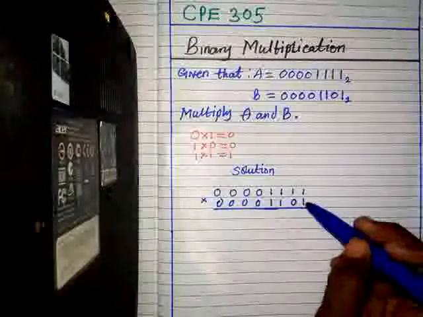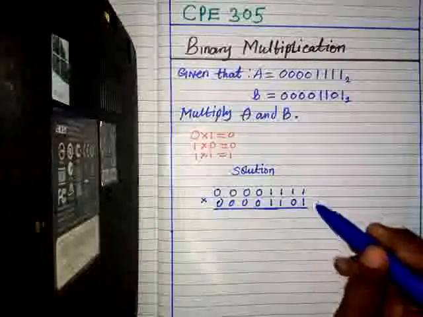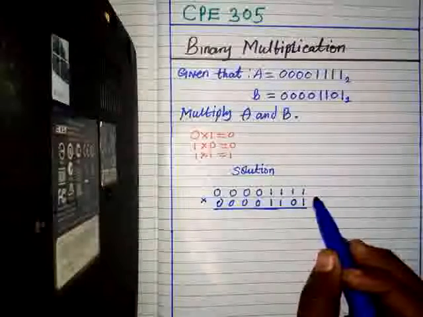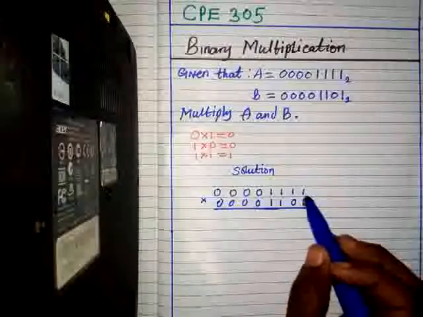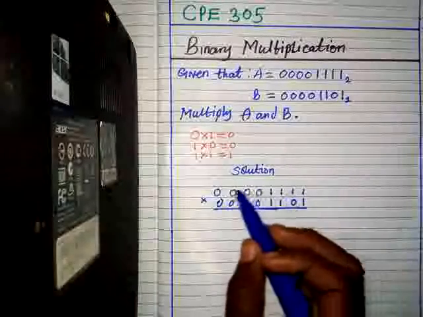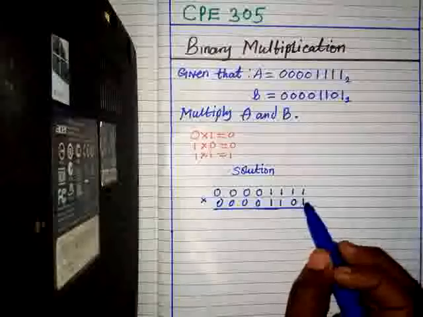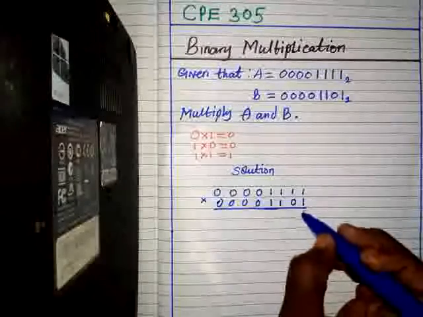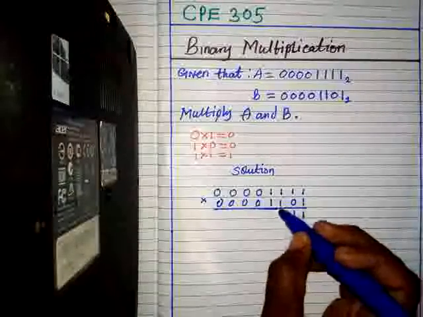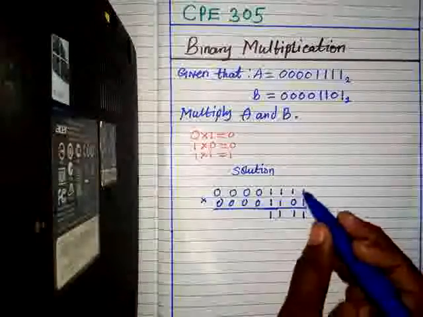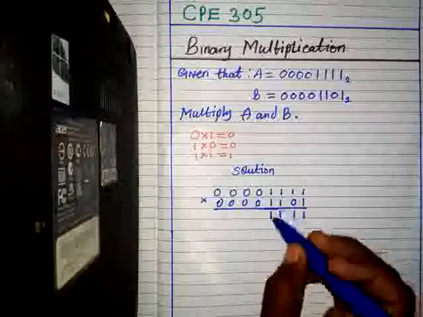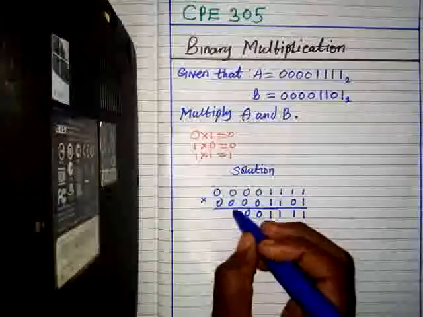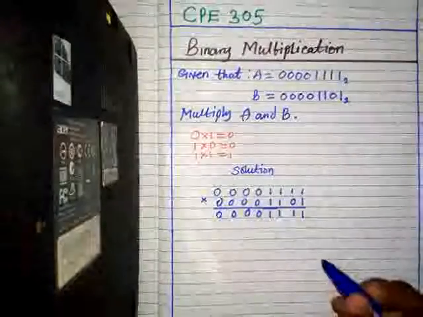You know that 1 times 1 is 1. So the entire number will be repeated here, because all the digits will be multiplied by 1 individually: 1 times 1 is 1, 1 times 1, 1 times 1, 1 times 1 give us this, and 1 times 0 is 0, 0, 0, 0.